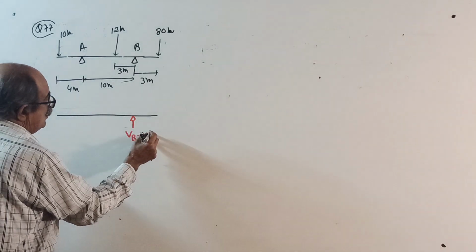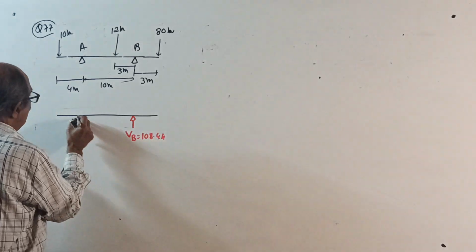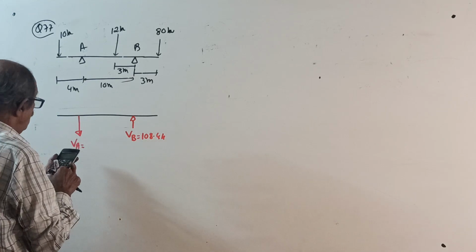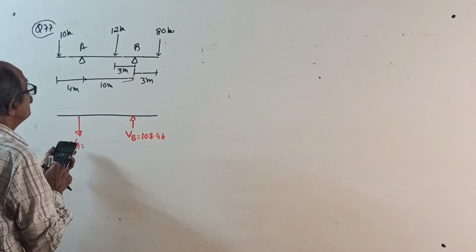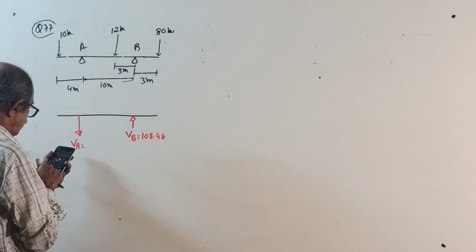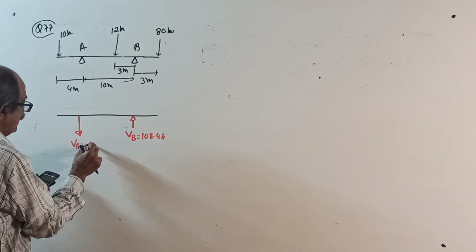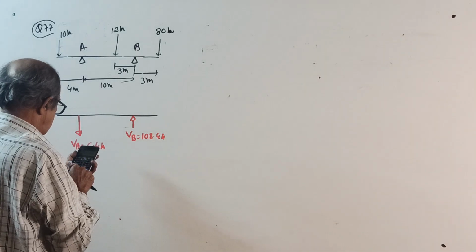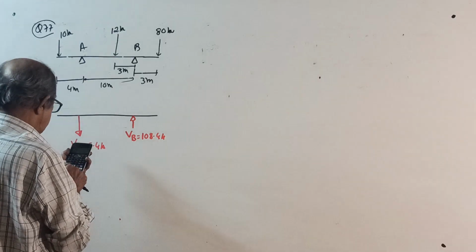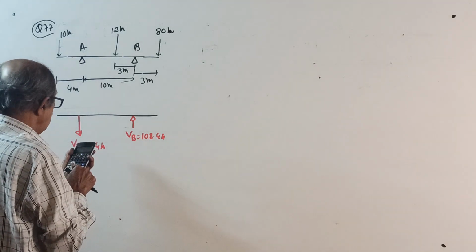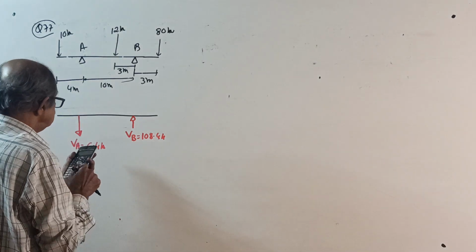VB is 108.4 kilonewton and VA will come negative, a downward reaction: 22 plus 80, 102 minus 108.4 is 6.4 kilonewton. I check the answer: 12 into 3 plus 10 into 14 minus 240 divided by 10. Correct.